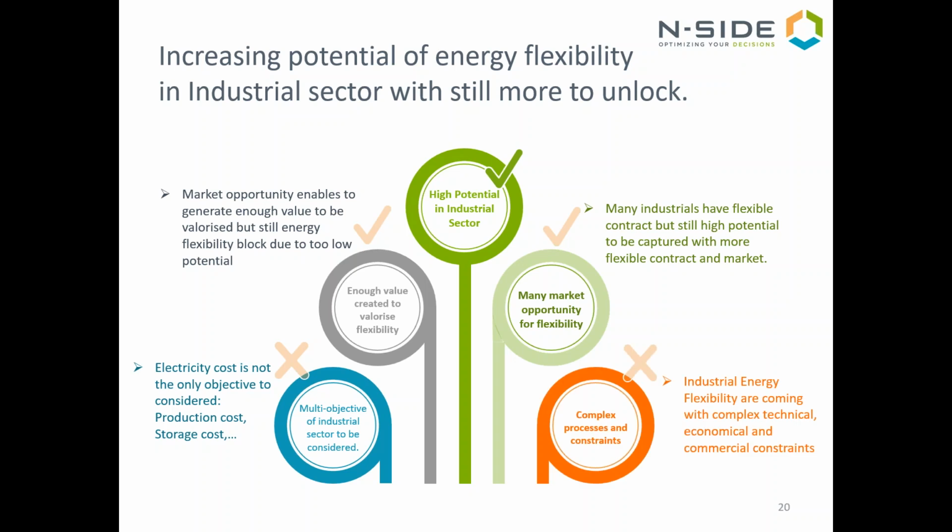And finally, when we speak about industrial energy flexibility, it comes always with really complex technical, economical, and commercial constraints. And those need to be considered to make sure that anytime we suggest to valorize an energy flexibility, it doesn't come with negative impacts. So in fact, that was it for my presentation.